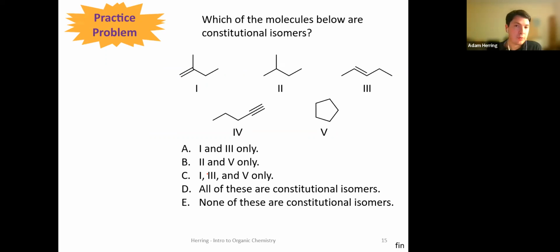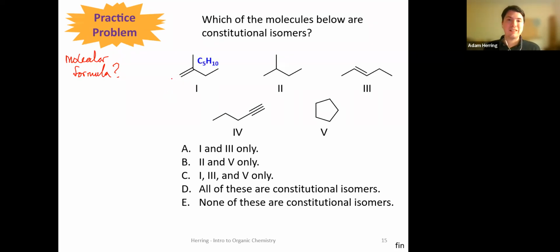So the first step in this process is to identify the molecular formula for each molecule. Keeping in mind, each end and vertex represents a carbon atom, and that there are hydrogens attached such that each carbon ends up with 4 bonds.